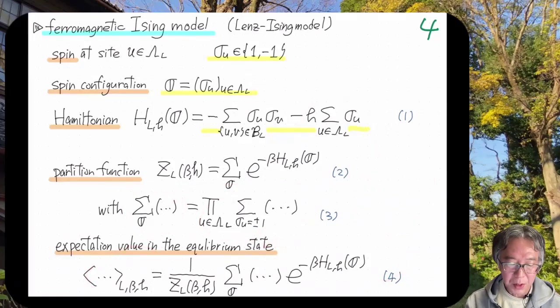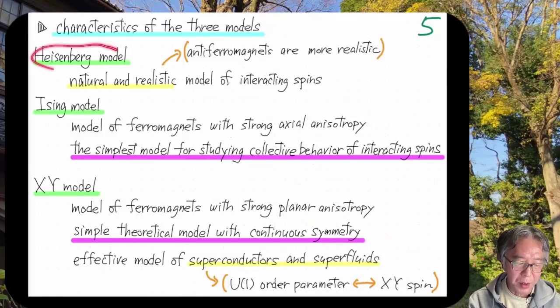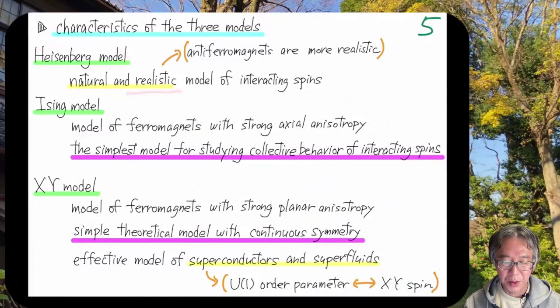Okay, so let's discuss the physical meaning, the physical characteristics of these 3 models. First of all, the Heisenberg model, no doubt it's the most natural and realistic model of interacting spins. Because spin is basically a 3-dimensional object, so if you want to treat it classically, then the most natural treatment is to treat it as a 3-dimensional vector with a fixed size.